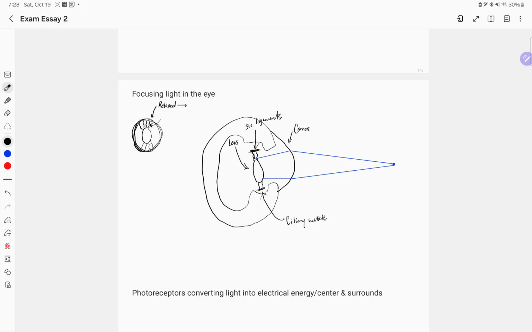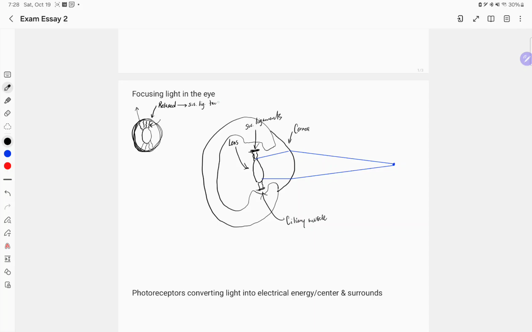Because if this muscle relaxes, it's moving this way, which is also pulling the suspensory ligaments with it. And so they actually become rather straightened like this. And the same thing would happen on the bottom, which would actually cause the lens to stretch. So if the ciliary muscle is relaxed, the suspensory ligaments will be taut.